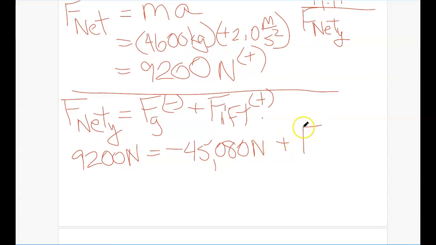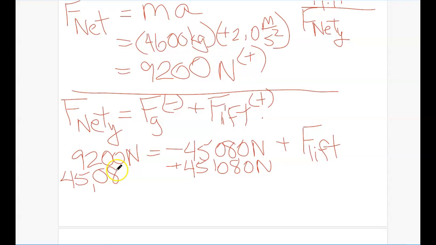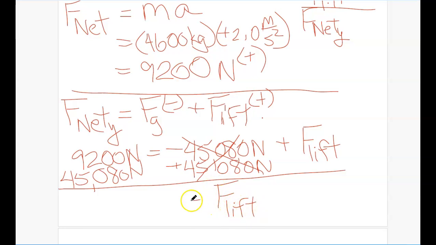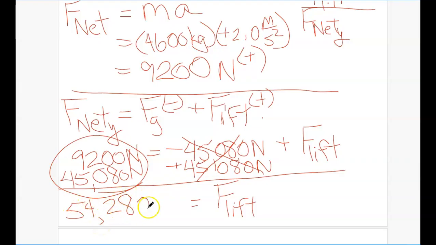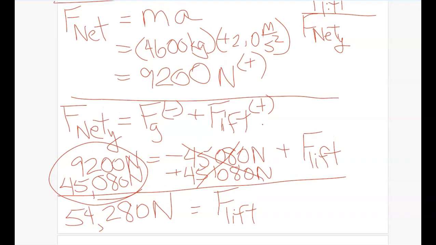And that leaves our unknown lift force. If I add 45,080 newtons to both sides, these disappear, and we have that our lift force equals the sum of these two values, which is 54,280 newtons, a huge amount of force by the propellers. The propellers generate a gigantic amount of force so that they can lift up the helicopter. And with this, we'll stop here.